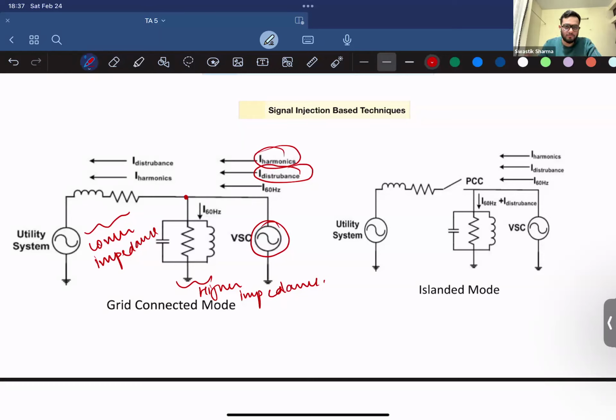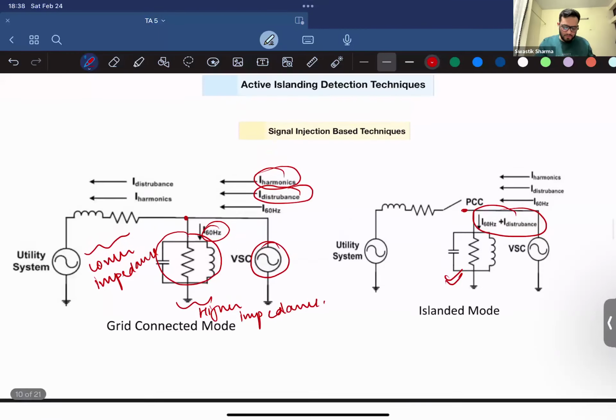These are absorbed by the main grid, and what you have at your load end is 60 hertz or 50 hertz current, which is being fed to the loads. But when the system is not connected to the main grid, what happens? This disturbance is also transported to your load. So if you measure what is happening at your point of common coupling, you will be able to tell if islanding has happened or not.